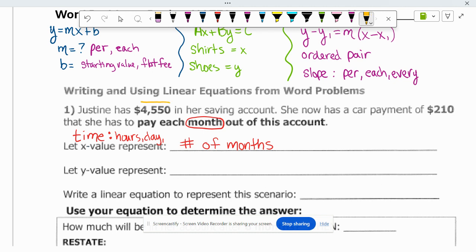Yeah, she's starting with 4,550. So what does that starting with amount represent? How much she starts with. It's her initial value. What is the initial value? It's b. It's your y-intercept, right? So that's your y-intercept.